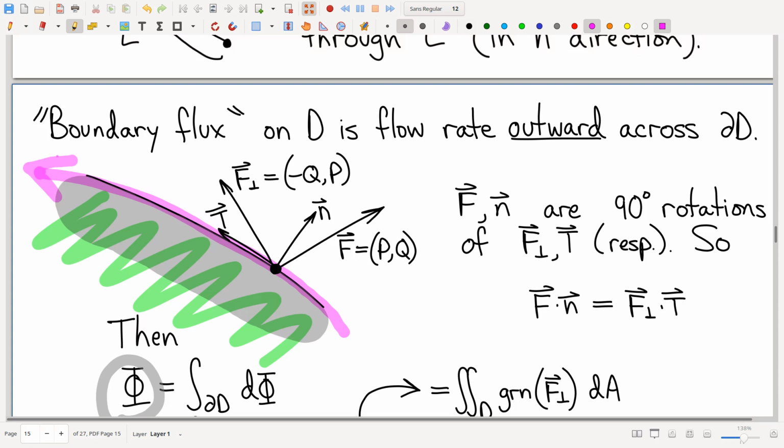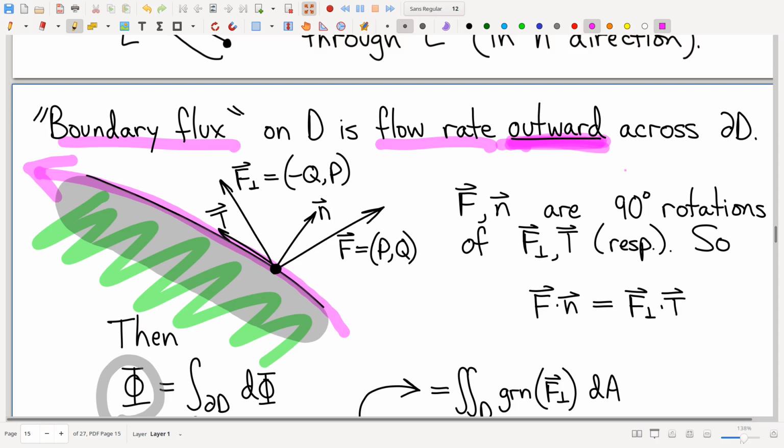If you want to know the total boundary flux, being flow rate, quantity of fluid per unit time, outward across the boundary. This is another arbitrary convention, arbitrary but standard, and therefore not optional, right? So arbitrary but standard.